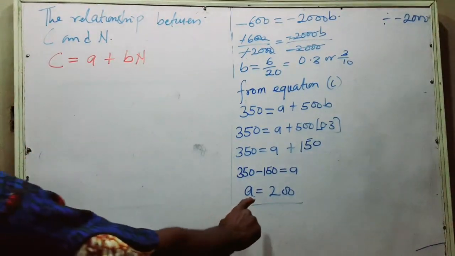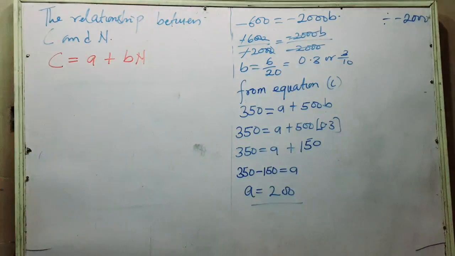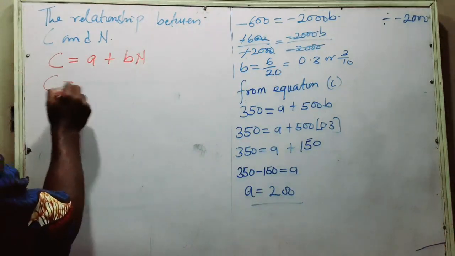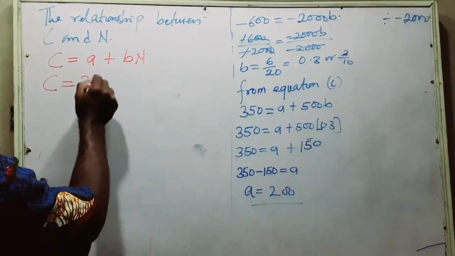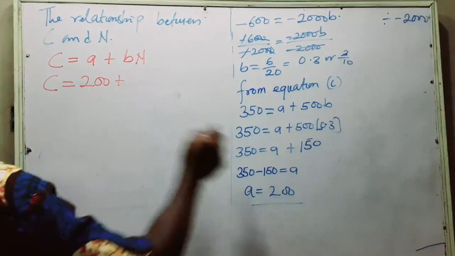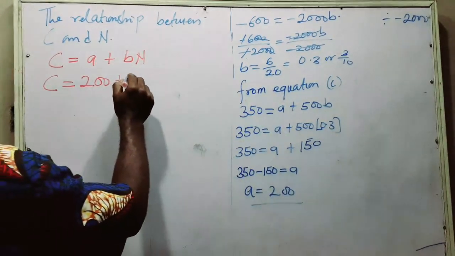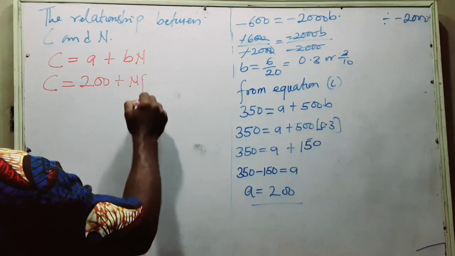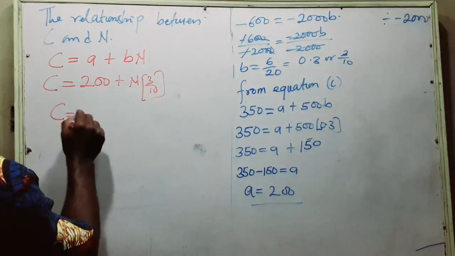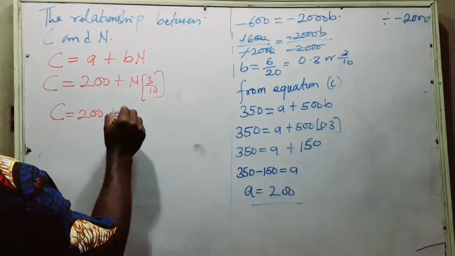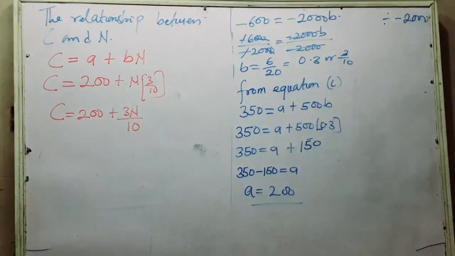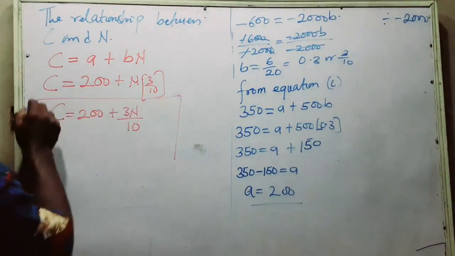We have gotten the value of B to be 0.3 and A to be 200, but you can write B as 3 over 10. So C is equal to 200 plus 3L over 10. So this is now the relationship between them.